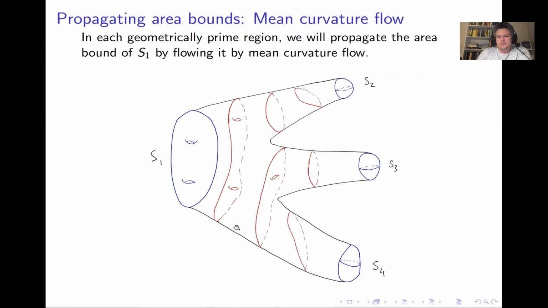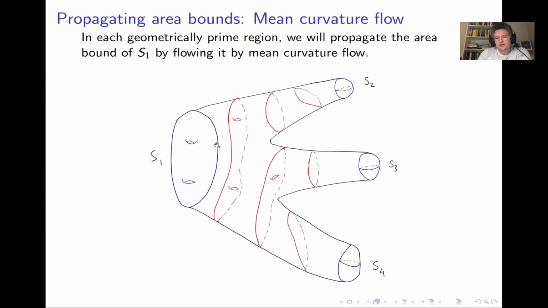I just grabbed one geometrically prime region from a manifold that we're interested in. It has this component S1 and then these smaller components, which are the stable minimal spheres. I call this one the large component just because it's not a sphere, and it has index 1. So basically what we'll do is start flowing this by mean curvature.